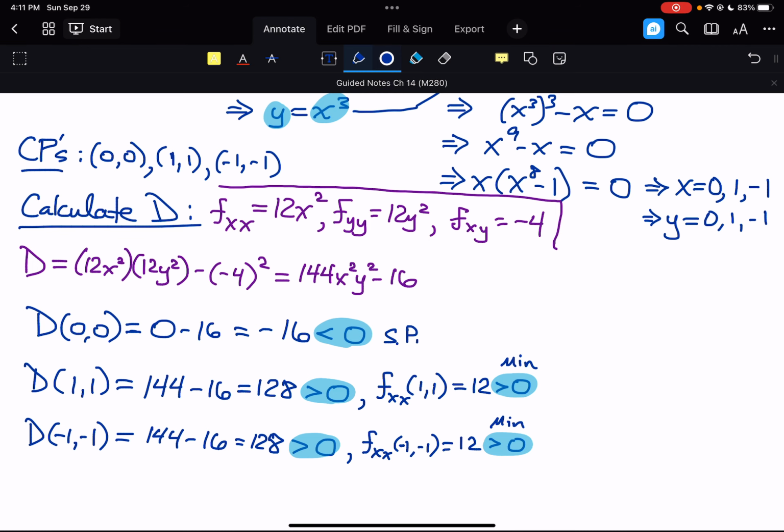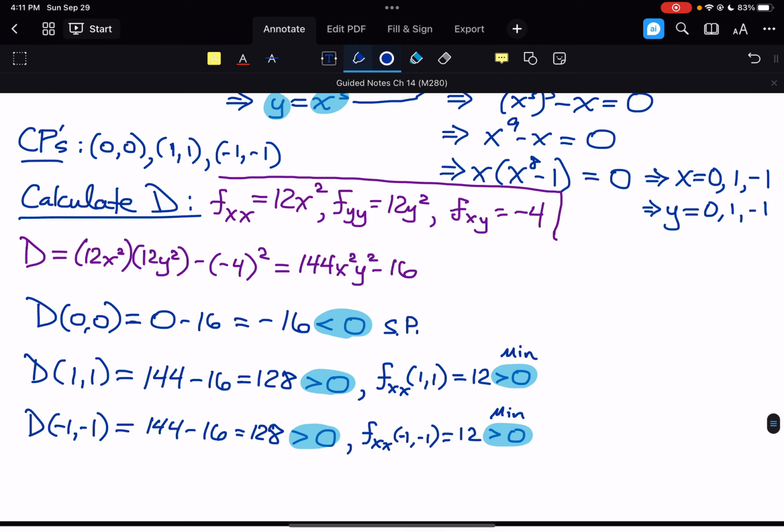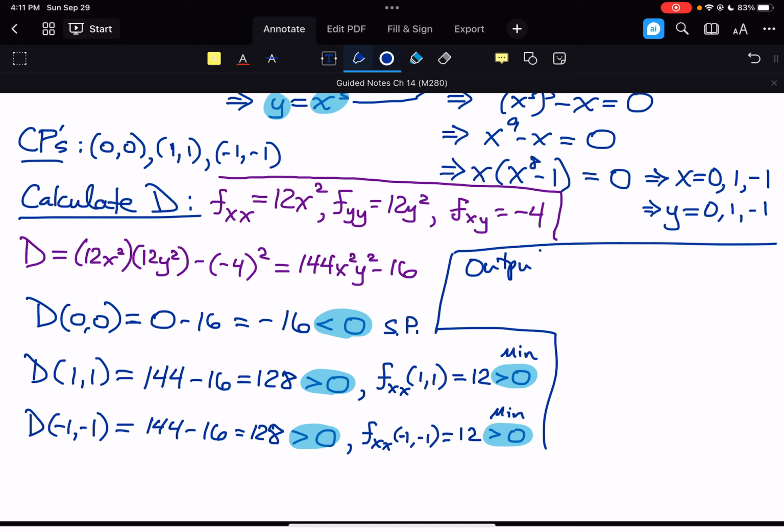So we're looking for local maximum, minima, and saddle points. We have the classifications now. Let's go ahead and get the outputs.